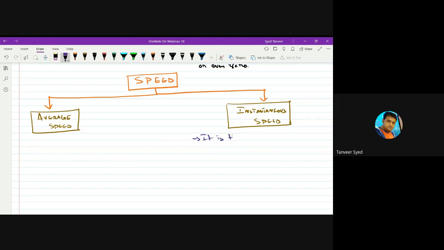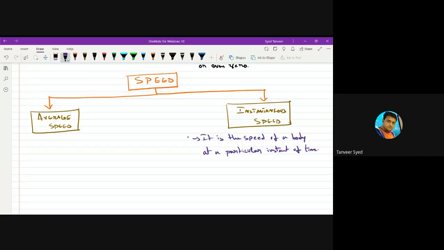It is the speed of a body at a particular instant of time. What does this mean?